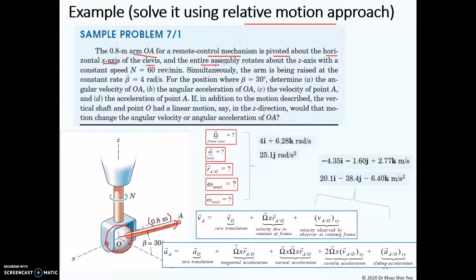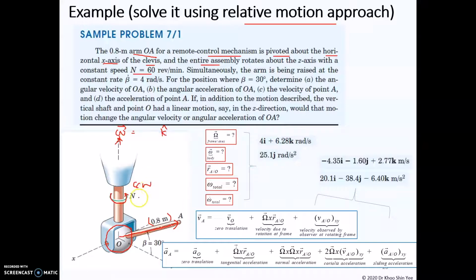The entire assembly rotates about the z-axis with a constant speed n equal to 60 revolutions per minute. So this is the direction for the n. The omega is in this direction because it is counterclockwise with respect to the z-axis, so your omega will be in the k direction.